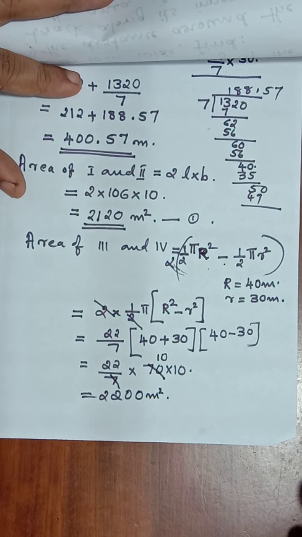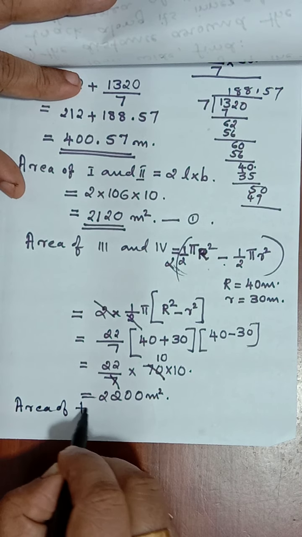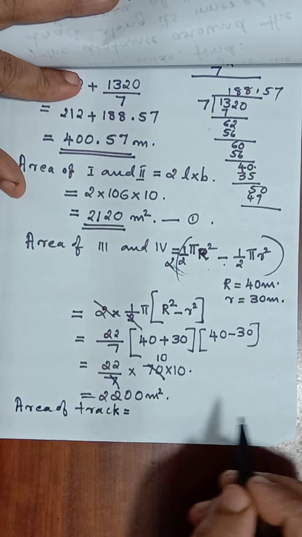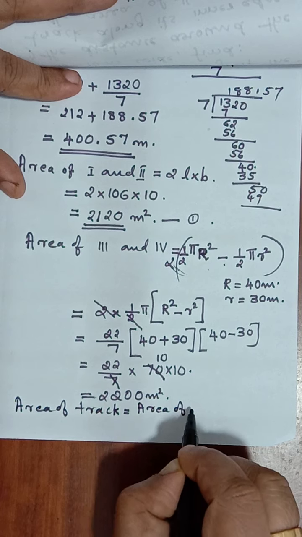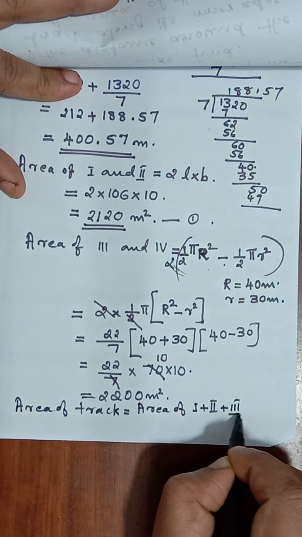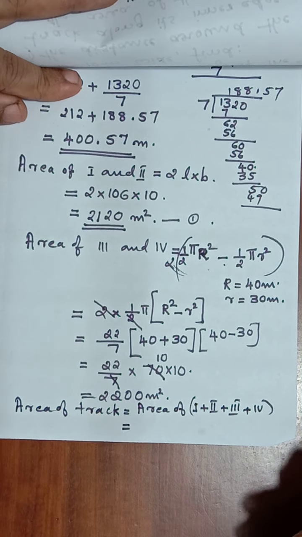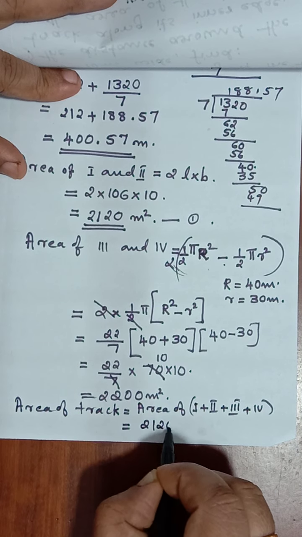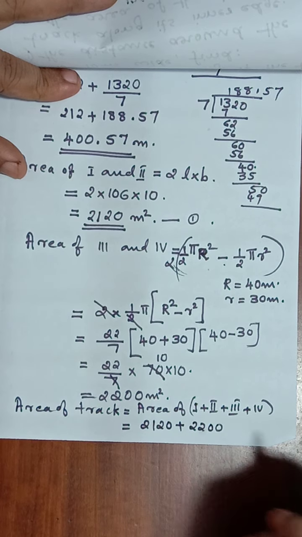Okay, now the area of the track. We are coming to the last point. The area of the track is the area of 1 plus 2 plus 3 plus 4. We got 1 plus 2 in the first equation, which is 2120, plus third and fourth together, 2200.